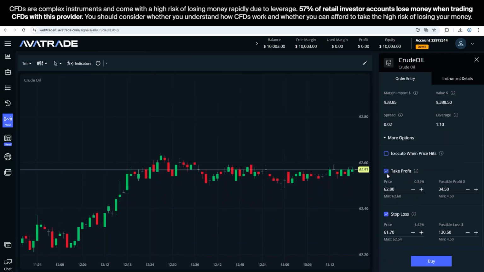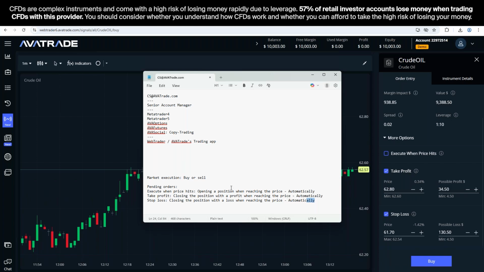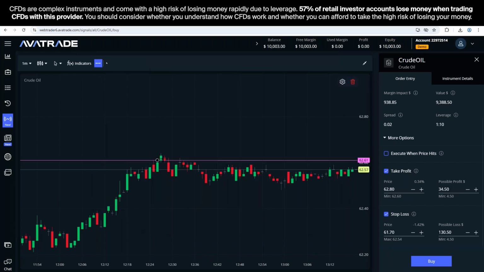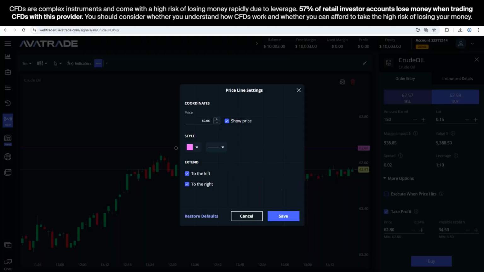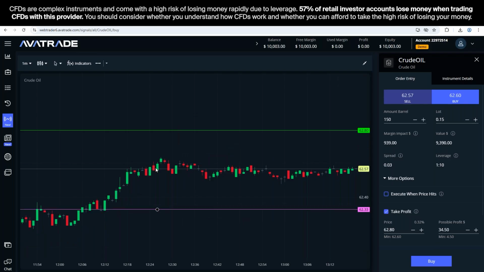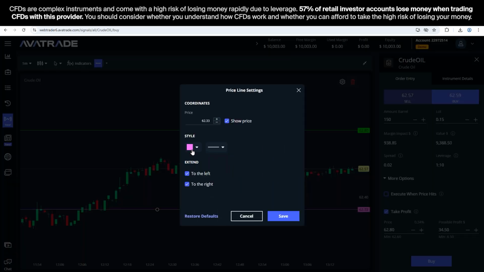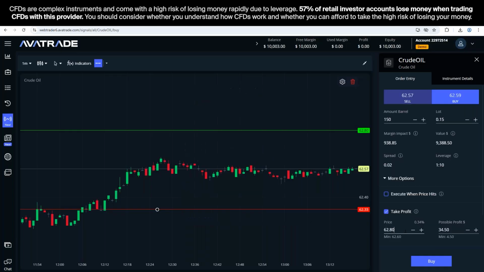You see, I've got a take profit ready. I've got the stop loss ready. As I wrote here, those will happen automatically. Basically, if it gets to the green line, and since we are with a buy, my take profit will always be in a higher place, and my stop loss will be in a lower place.